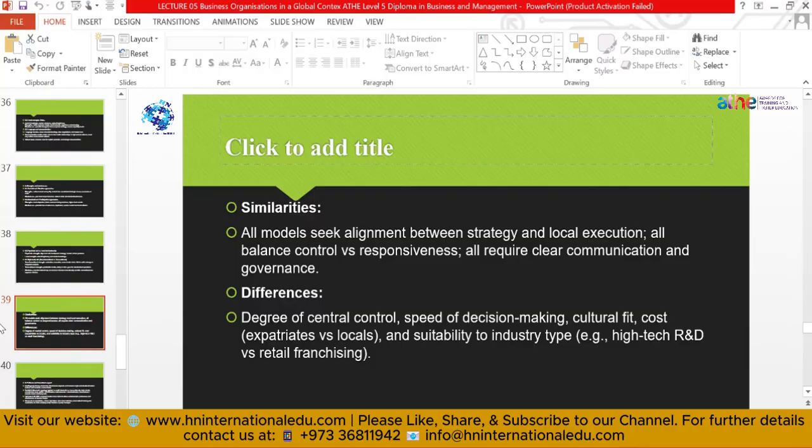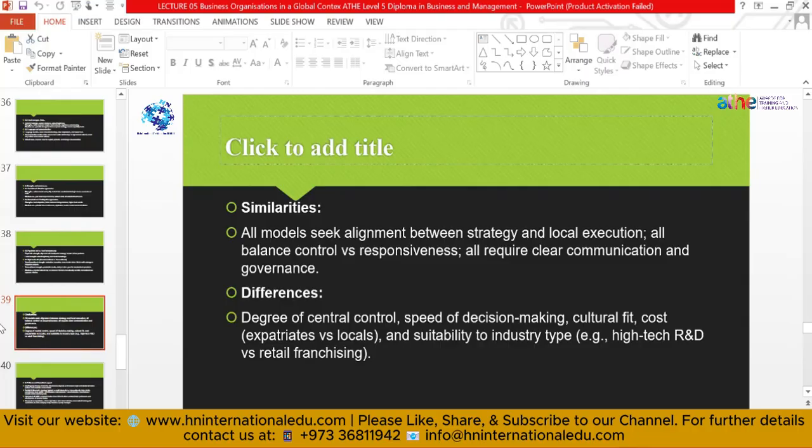Expatriates are expensive because we're sending the person from one country to another. We have to give them the house, the fringe benefits, and we're paying them as well. Versus the locals, they're just around your area, around the firm, around the organization, even the same cities. So they're not expensive, and yet they have the inferiority complex as well.